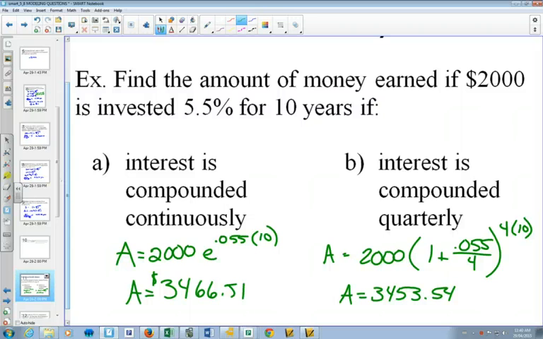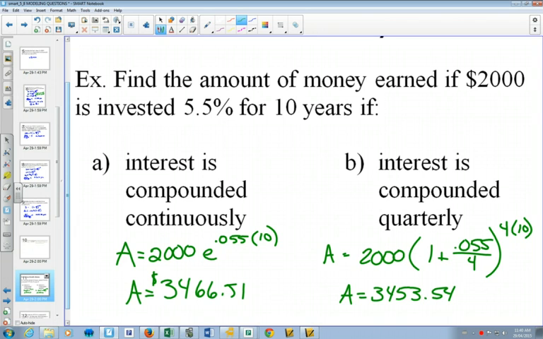In your mental estimation, did you think the difference would be around $13? Did you think it would be a lot more? Yeah. Now, it isn't a lot more. It is a little bit more, but this is 10 years, and it's 4 times a year versus all the time. So why does this happen?